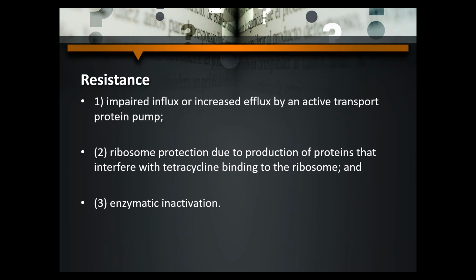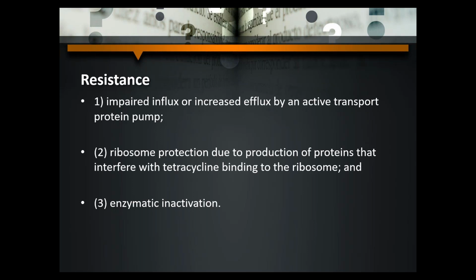Those are porins. So through these proteins, whatever is there on the bacteria, it can go easily inside the bacteria and stop the chain elongation. If there is impaired influx, meaning the tetracyclines are not able to go inside because of the porins, or if the tetracyclines have already gone inside and the bacteria are pumping them out, that is increased efflux.